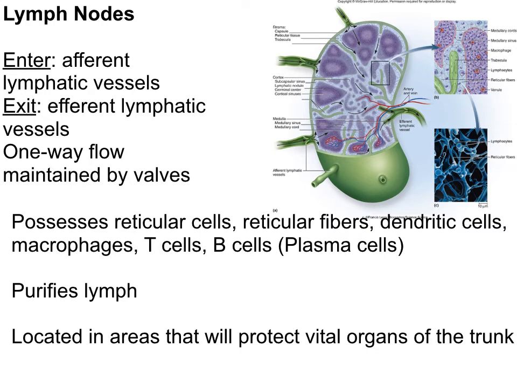And it's collecting all that lymph. So it could potentially contain some really nasty pathogens that you want to pull out before the lymph is dumped into your left subclavian vein. So you want to make sure if you have ingested or inhaled a pathogen that you've got lymph nodes in those areas to help protect you.